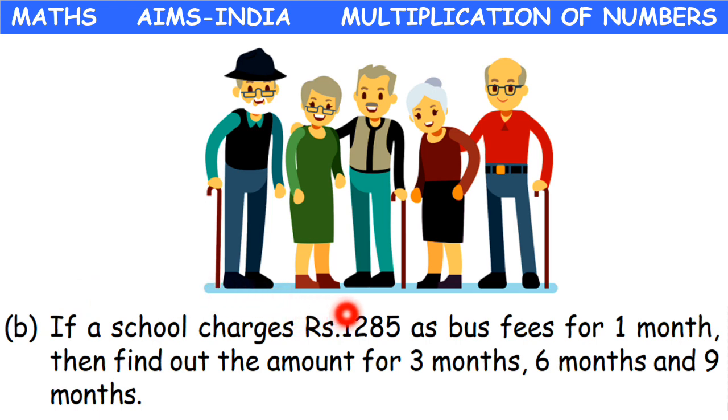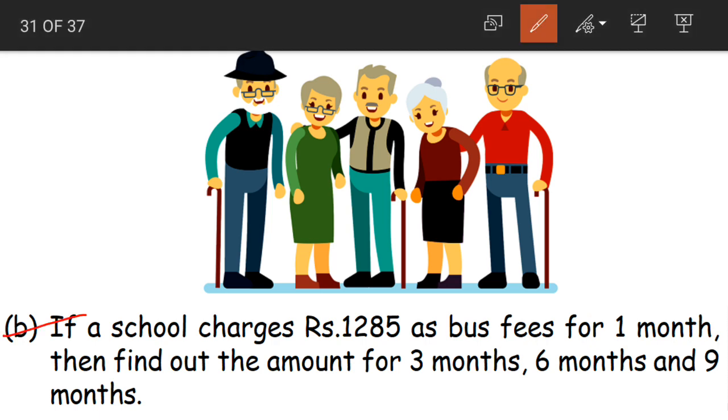Coming to question B. If a school charges 1285 rupees as bus fees for 1 month, then find out the amount for 3 months, 6 months and 9 months. Now in a single question they have given us 3 sub questions. So what is given? The school bus fees for 1 month is 1285 rupees.